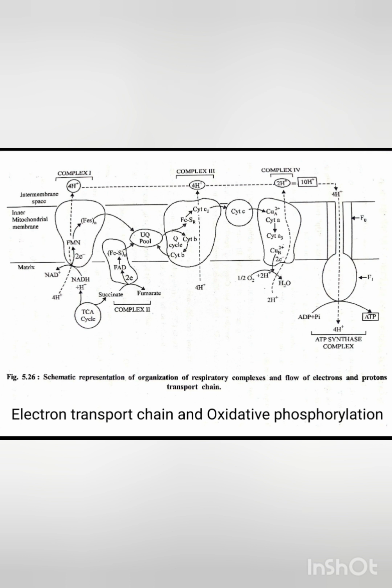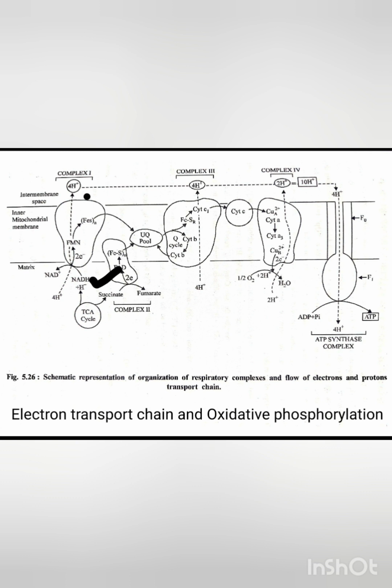At first is complex 1, which is NADH-CoQ reductase, or simply NADH dehydrogenase. In complex 1, NADH plus H plus binds, and then transfers its electron to FMN, flavin mononucleotide. Then FMN accepts the electron and the proton from NADH and is reduced to FMNH2.